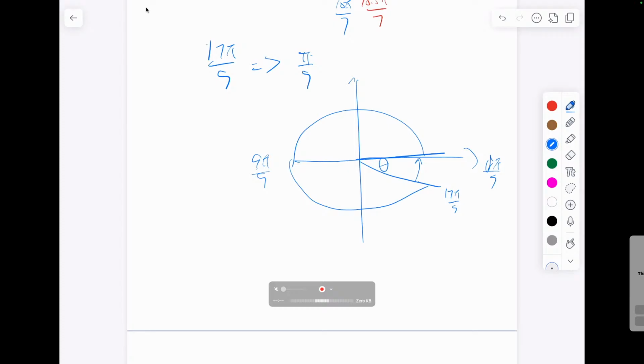So this is the question on homework. If this is a 10, this is 26, and the data. So what will be the cosine of theta here?